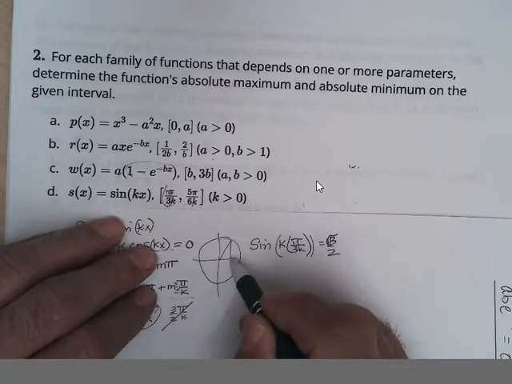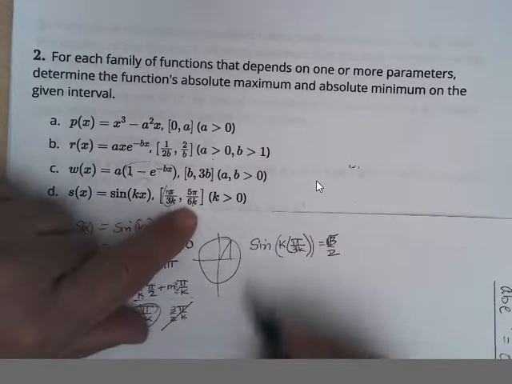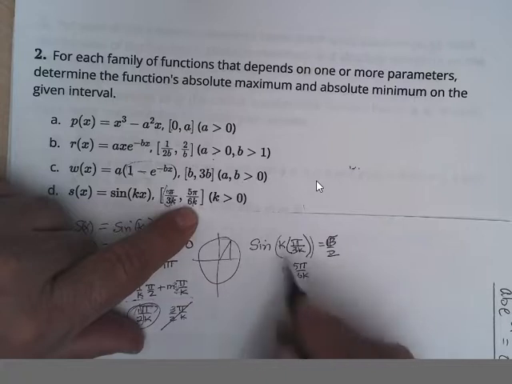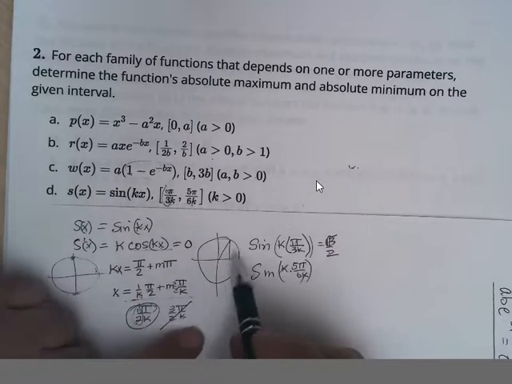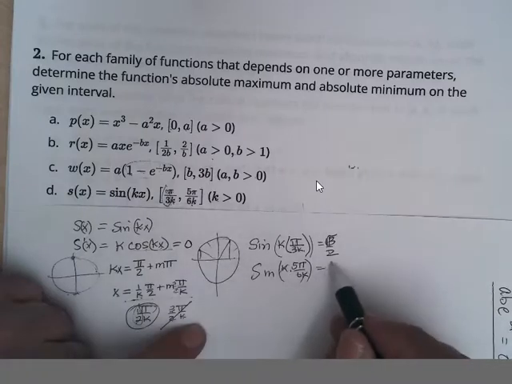The sine is the long one, square root of 3 over 2. If we plug in 5 pi over 6k times k, the k's cancel, and 5 pi over 6, 1, 6, 2, 6, 3, 6, 4, 6, 5, 6 is here, and sine is positive 1/2.